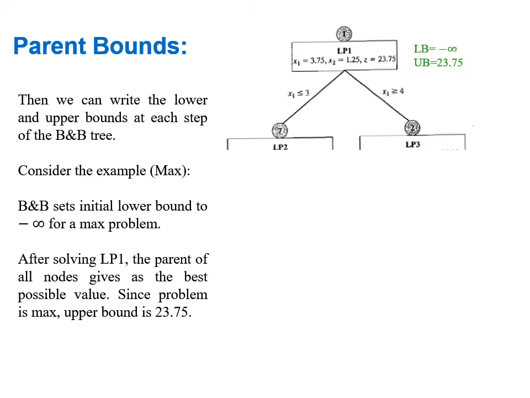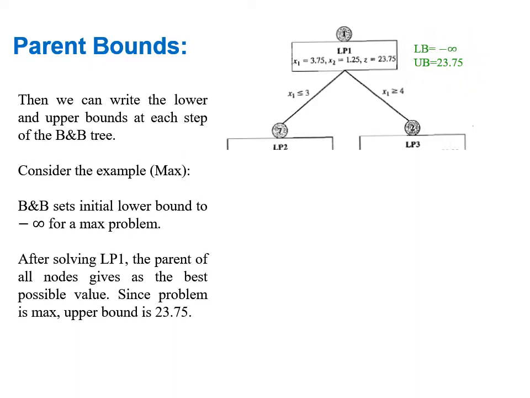And the upper bound is the objective function value of all the open, not explored parent bounds. For the first one, this parent bound is 23.75. So initially, my lower and upper bounds are like this.